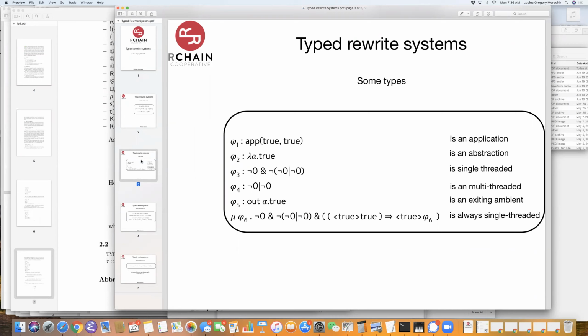You can insist, for example, on a formula that insists on being both single threaded and live. So you get rid of this antecedent before this implication.